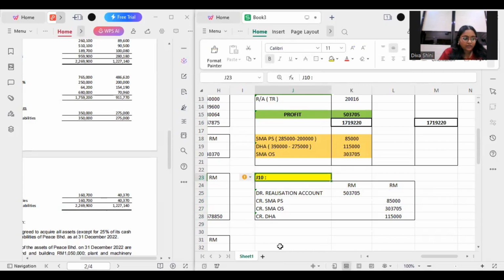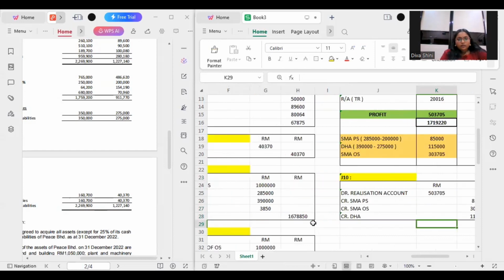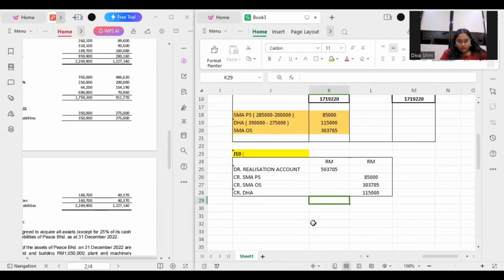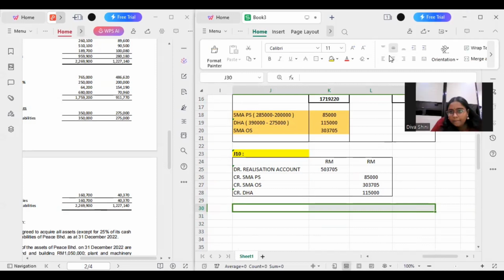Okay, once we are done with Journal 10, we need to do a separate DHA account, because for the last we will do the SME columnar ledger. In the SME columnar ledger, we cannot add the DHA, which is the debenture holder account. Okay, this is for DHA.